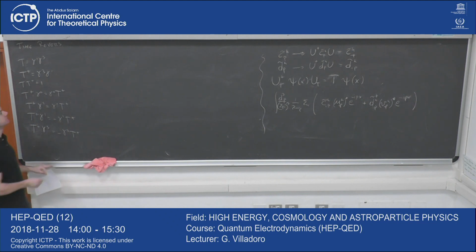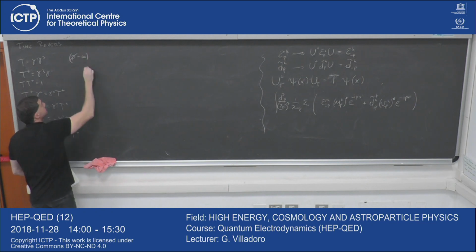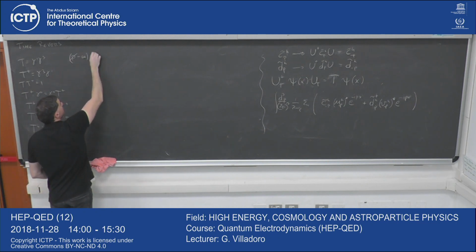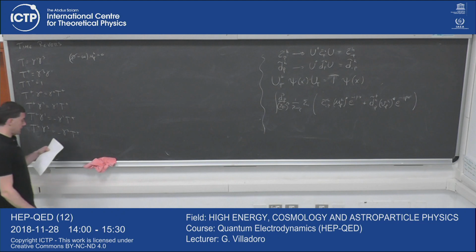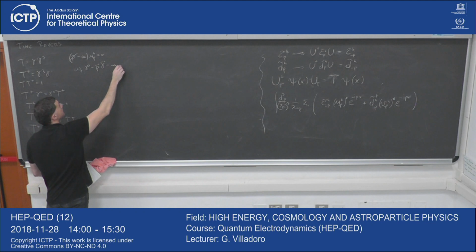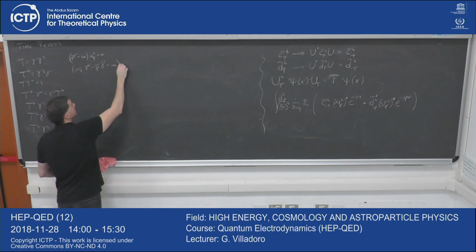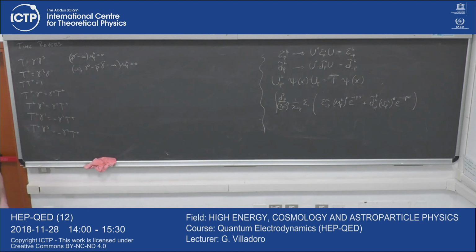What are we going to do? Okay, let's take our favorite equation, defining the u of p. Let's write it explicitly in components. So we get gamma naught omega p minus p gamma vector minus m, u p h equal to 0.